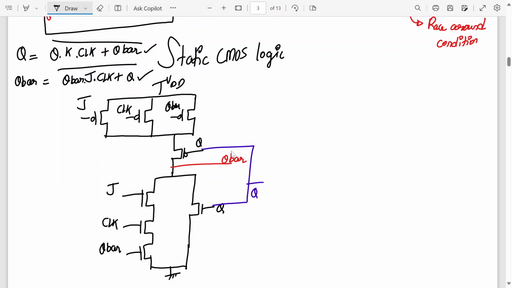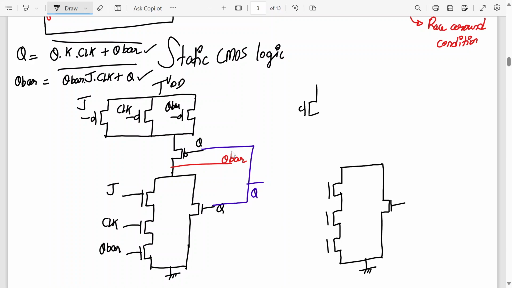The other one is for Q dot K dot clock. So the same design, same pattern repeated, only the inputs will change. Three transistors in series, in parallel with another transistor, and then in the pull-up network again three transistors in parallel, and all of them in series with another PMOS transistor.